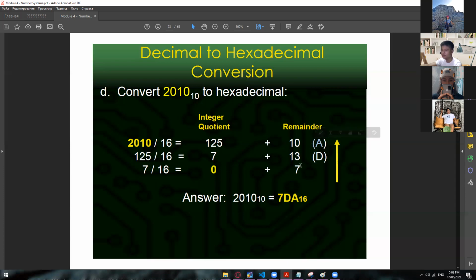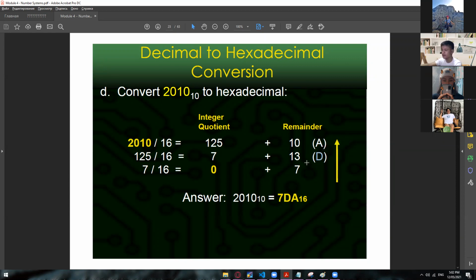Okay? So if you put here 7, 13, and then 10, then you are getting the incorrect answer, because in hexadecimal, 13 is equal to D, and 10 is equal to A. If you put 13, it will be read as two different results, 1 and then 3, not 13. So for you to be able to represent 13, you have to put letter D, not 13.